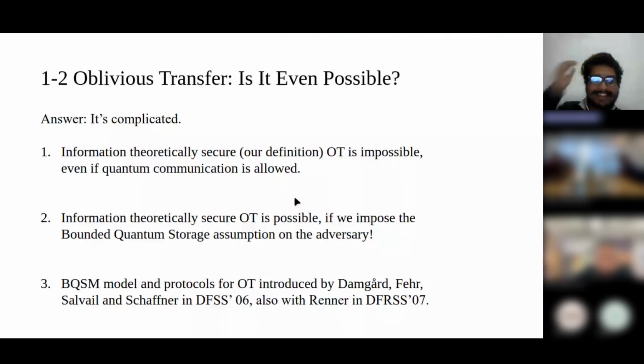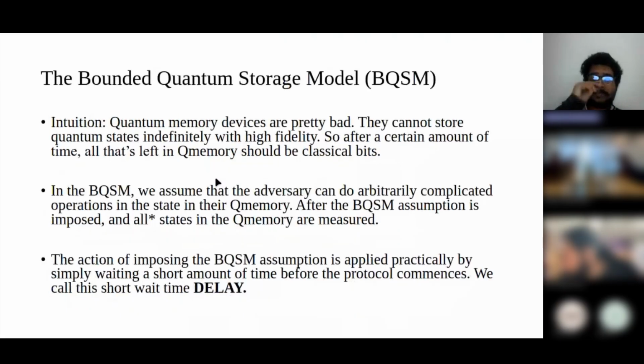So the next few slides will basically be the answer to the question, what is this bounded quantum storage business? What magic does it hold that it suddenly makes information theoretically secure OT possible?